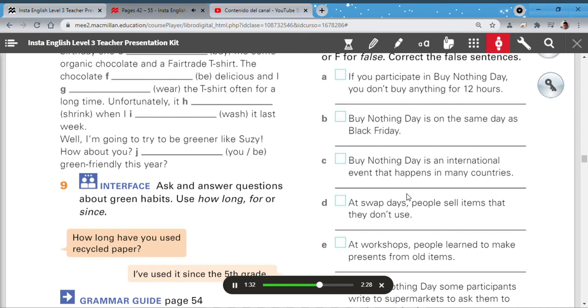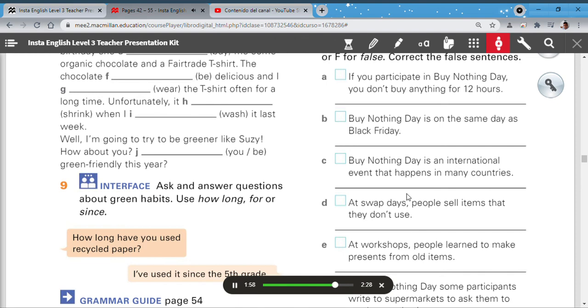What kind of events? Well, in the past there have been swap days, where people brought their unwanted items and exchanged them for things that other people had brought. In many cities, workshops were organized to teach people how to make Christmas presents from old items rather than buying new gifts for their friends and families. Some people learned how to make wallets from old milk cartons.